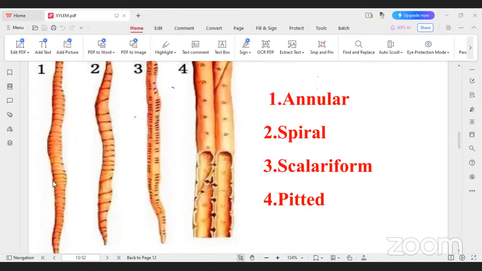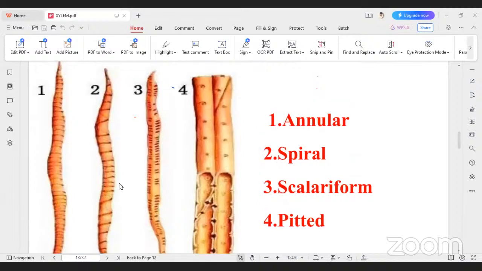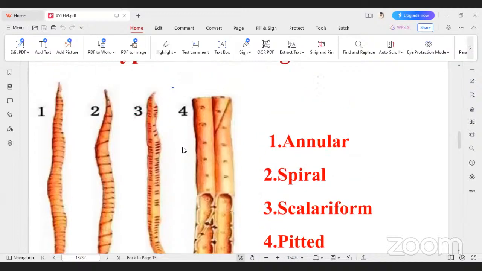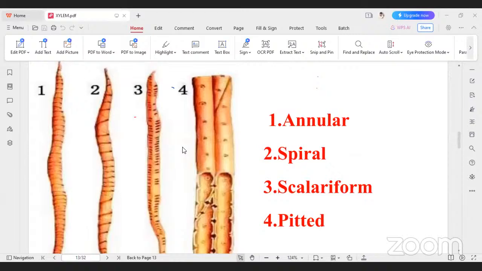See here, the types of thickening. First annular, just lines; spiral, S-shape. Can I draw it clearly, or is it clear? Is the diagram clear, or should I draw? Is the concept clear or not? Yeah, it is okay, sir. We are observing it in the textbook also.